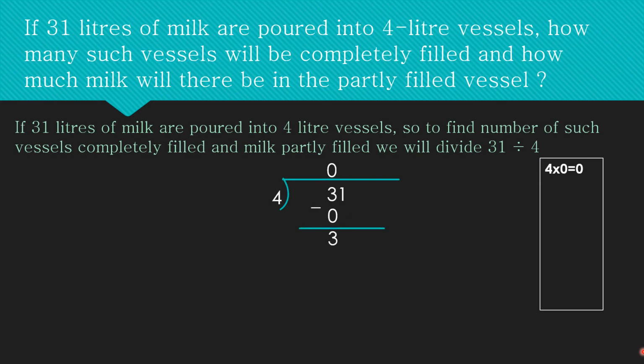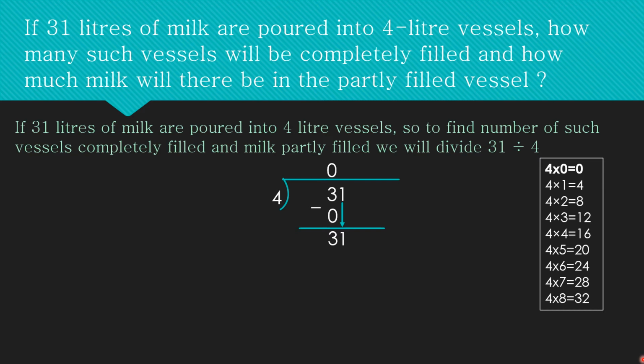Now we will take this 1 down next to 3. So we will write 1 down. Now our number became 31. So we will write tables further. So 4 1s are 4, 4 2s are 8, 4 3s are 12, 4 4s are 16, 4 5s are 20, 4 6s are 24, 4 7s are 28, 4 8s are 32.